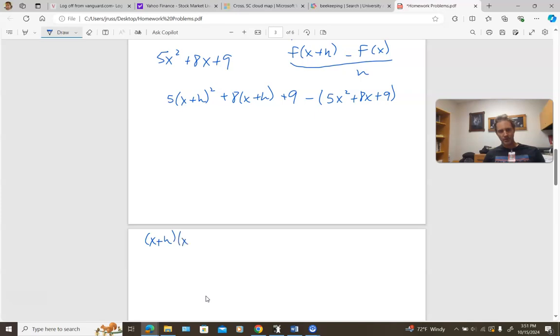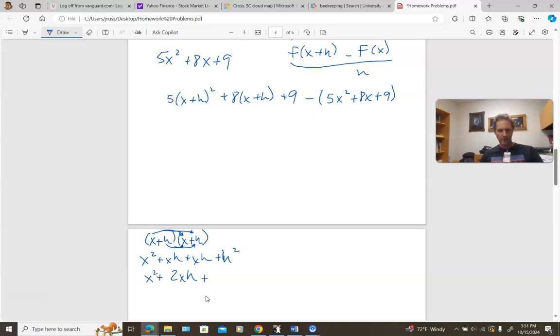So remember, you have to do it like this. x times x is x squared. x times h is xh. h times x is also xh. And h times h is h squared. So these two terms in the middle are going to combine: xh plus xh is 2xh.